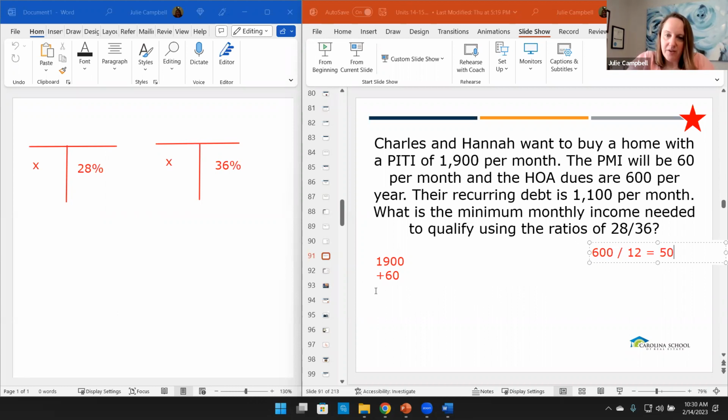So our monthly PITI plus our monthly PMI plus our monthly HOA gives us housing expenses, just housing expenses of $2,010.